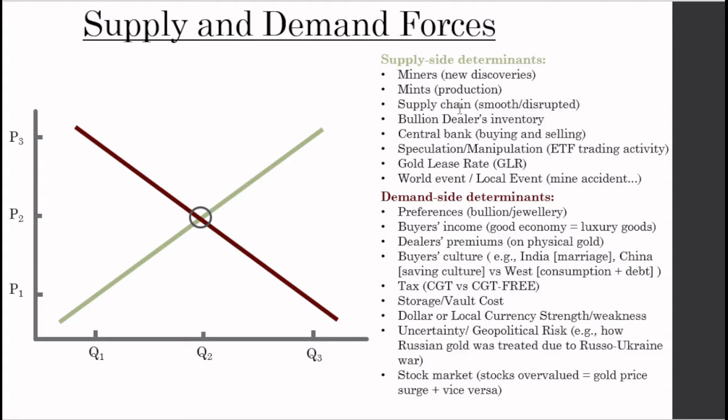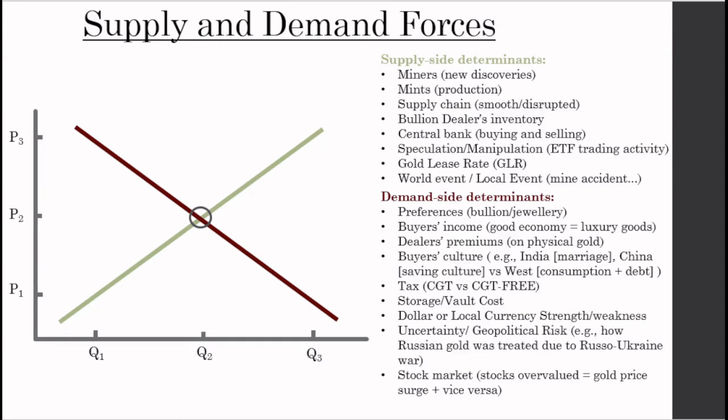So if you talk about mints, so I put mints here on the supply side determinants, and what I mean by that is, mints produce gold coins, they produce gold bars, they're not only producing bullion for investment, they're also making collectibles, items more geared towards numismatists and people like that, collectors.